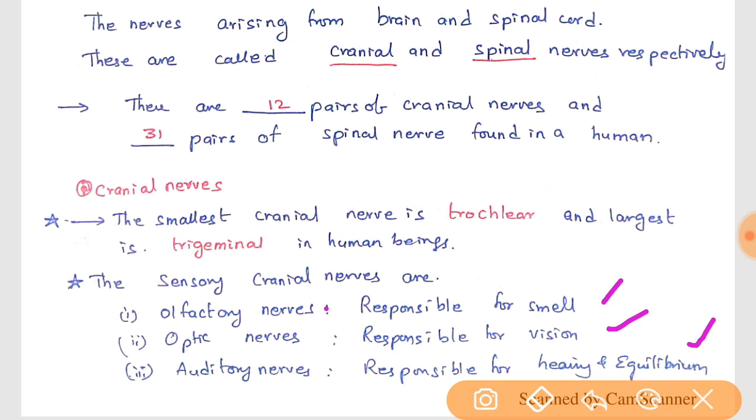So these are sensory nerves. The cranial nerves are almost all sensory nerves, directly connected to organs like the nose, eyes and ears, friends. By the way, they are named accordingly.